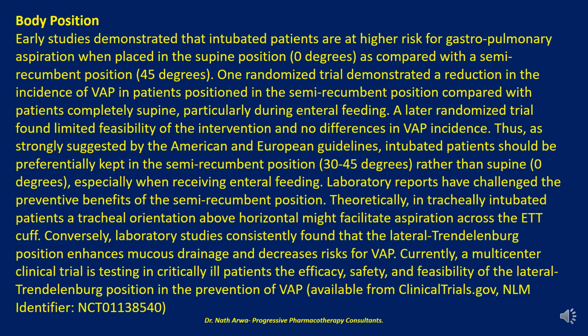One randomized trial demonstrated a reduction in the incidence of ventilator-associated pneumonia in patients positioned in the semi-recumbent position compared with patients completely supine, particularly during enteral feeding. A later randomized trial found limited feasibility of the intervention and no differences in ventilator-associated pneumonia incidence.